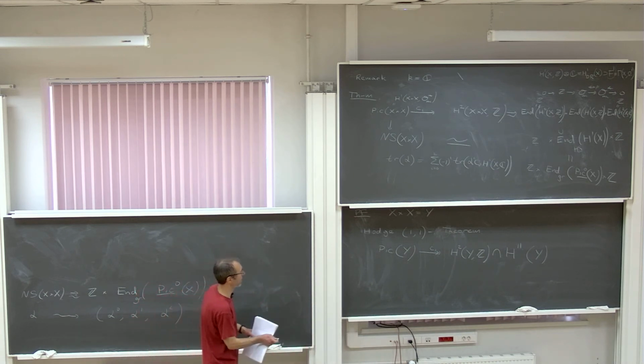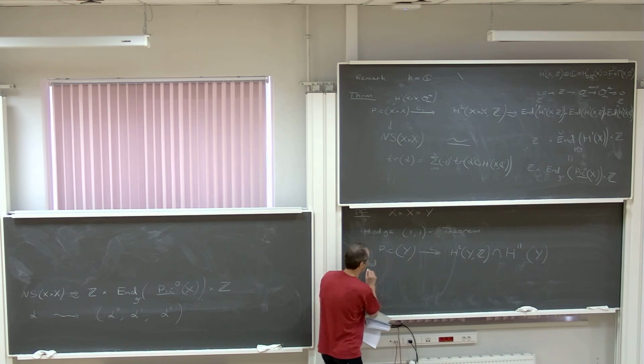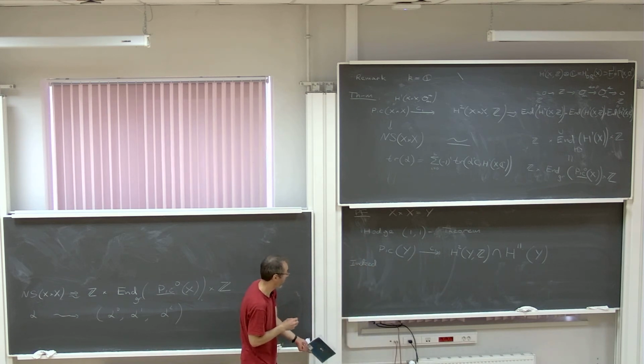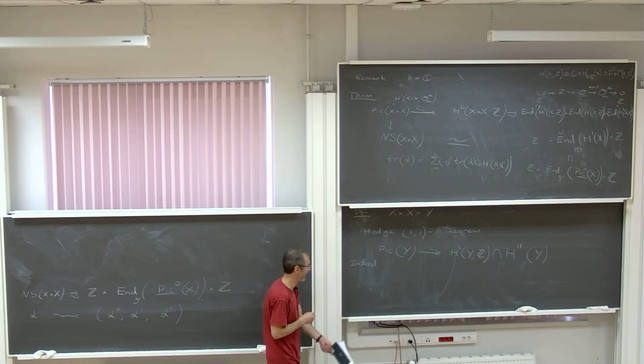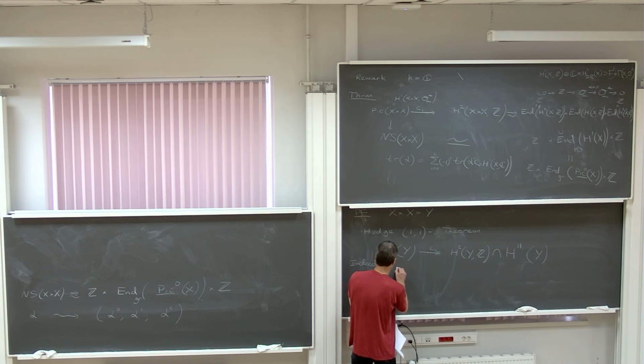Right, so, proof, indeed. So the proof is, in fact, one line, but still it's highly non-trivial. So what you do, you just look at the exponential exact sequence.